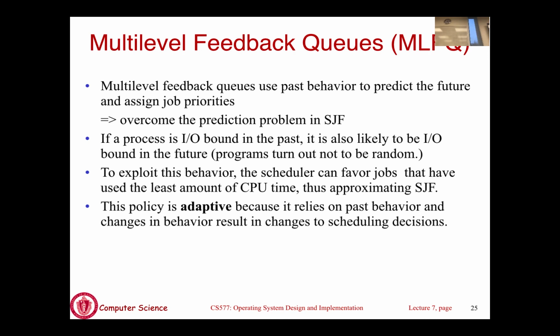What MLFQ does is, if a process is stuck in a low priority queue for a long time and hasn't gotten to execute, it's going to bump it up one priority level, saying maybe this job is starving, let's increase its priority a little bit so that it might get a shot at the CPU. We'll come back to the starvation problem at the end. That's just put in place to avoid starvation. Let's talk about what is there in the policy that is interesting.